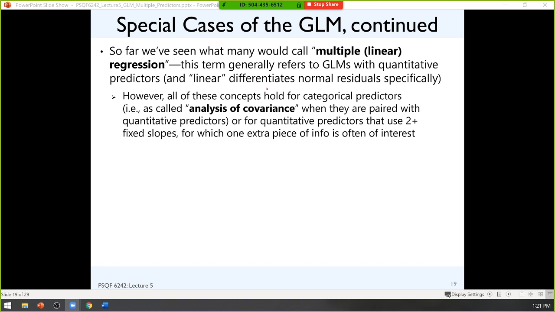So what you guys know of as one general framework, the general linear model, each specific combination within it goes by a different name. And it gets taught that way in other classes. So for instance, the first thing that we did is fit a single quantitative predictor, right? That is simple linear regression. If I have a single binary predictor, that is an independent samples t-test.